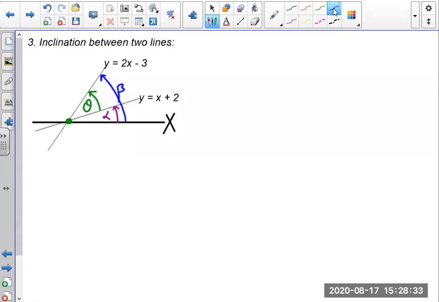Can you see that theta is just the difference between the blue and the purple angle, beta minus alpha? So do you agree that I can say theta is equal to beta minus alpha? And alpha and beta is just the inclinations.